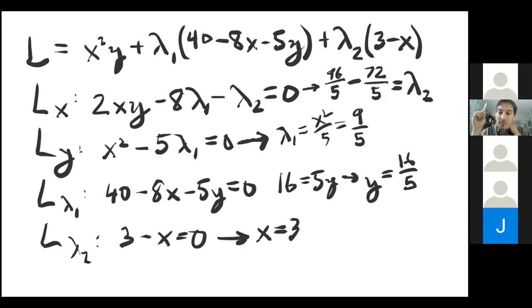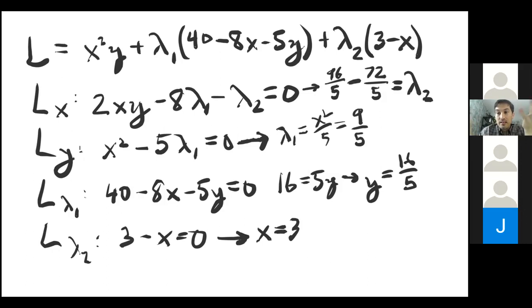I saw your homework, which you emailed me. You got an answer where x was 10/3 or something like that. That would have been the answer if this other constraint didn't bind, the 3 minus x equals 0.